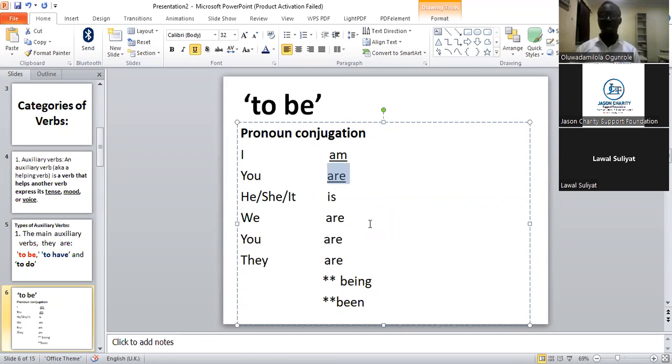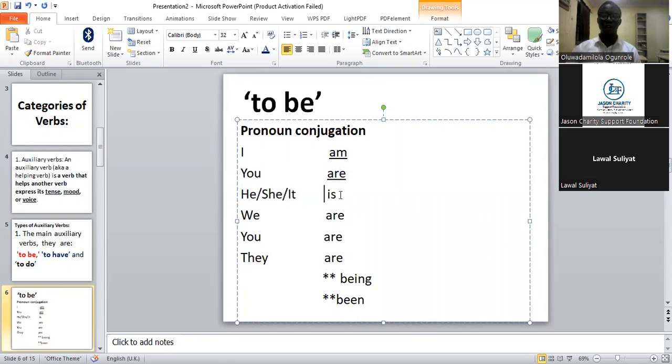So we can have he for masculine, she for feminine, and it for a neuter gender. So we say he is, she is, or it is. So that is how you use your verb to be for the third person singular.